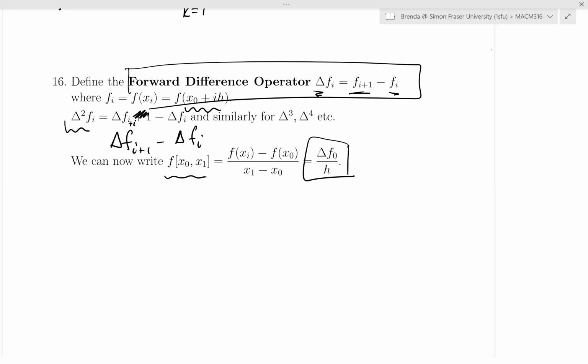Okay, and then we similarly can write the next one like this. These are sort of a notational convention. And in practice, what we're going to always be doing is using that table to get the coefficients of our interpolating polynomial.